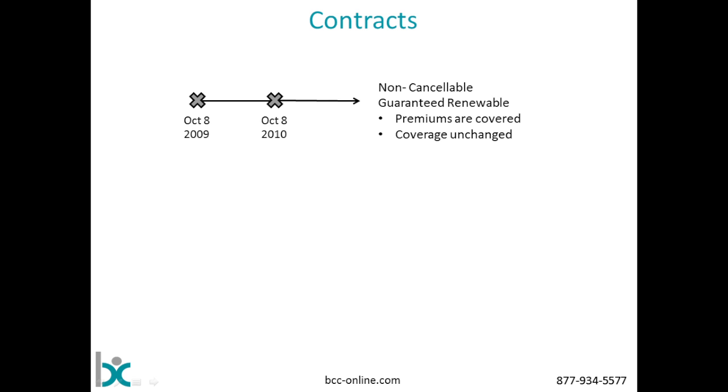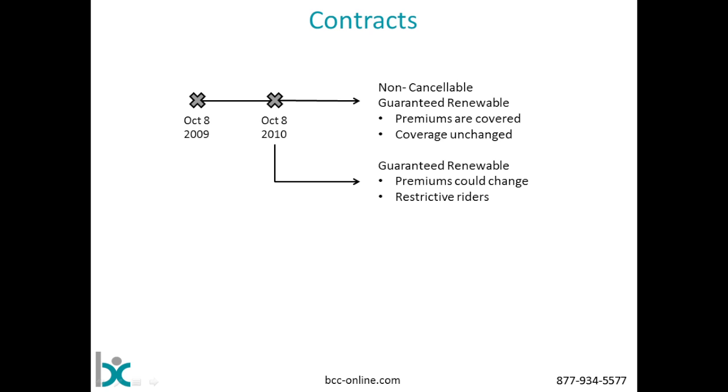So, if I want to reduce my costs, if I want a more affordable policy, well now I might choose a guaranteed renewable policy. And with a guaranteed renewable policy, what's going to happen is at the end of this year, at the October 8th, 2010 point, my premiums could change, or the insurance company might add restrictive riders of some sort.